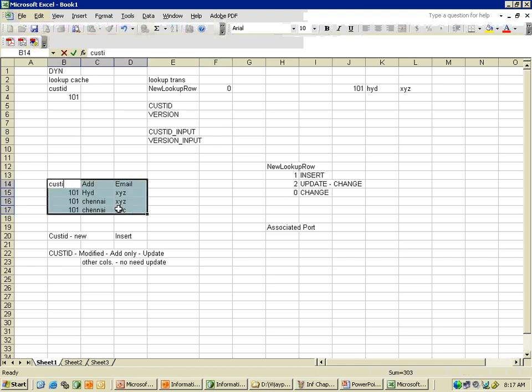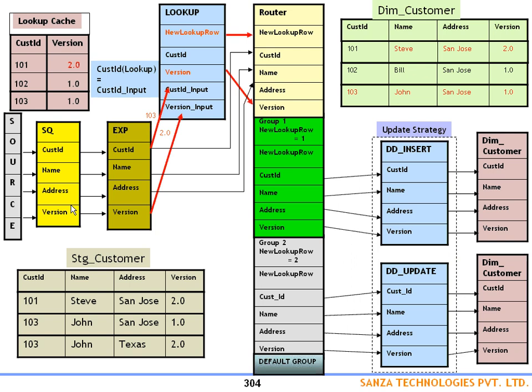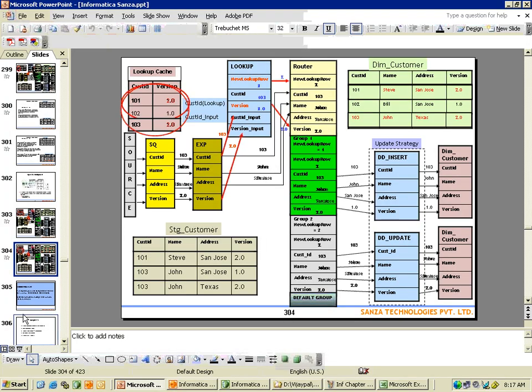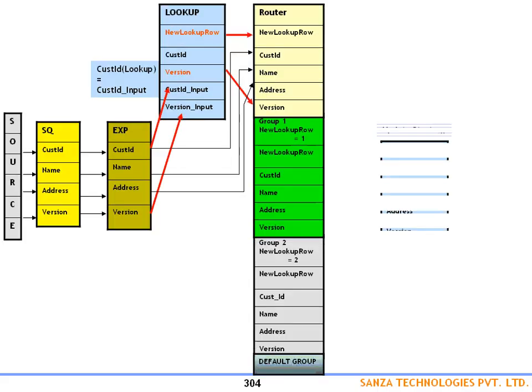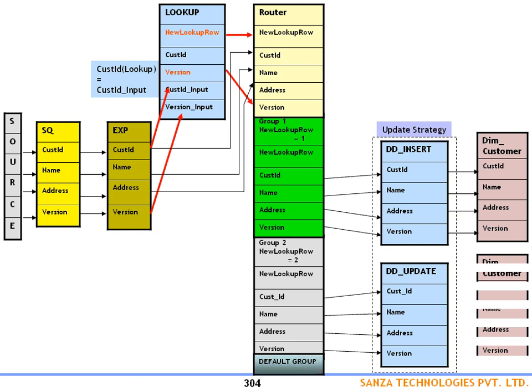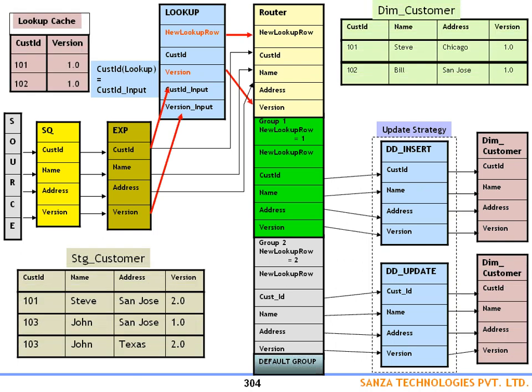Now let us discuss. Customer ID, version I'll put it. Please observe it very carefully. 101 first time when it comes, version 1. 103, version 2. Let me go back to the mapping. That is the importance of versioning. Version will indicate whether the record is a changed record or not. As per this business requirement, whenever a record changes in the source system, it comes with versioning.